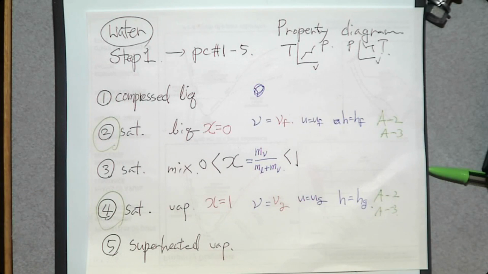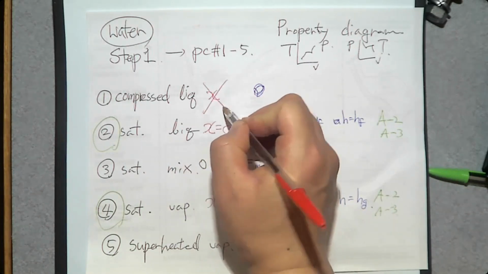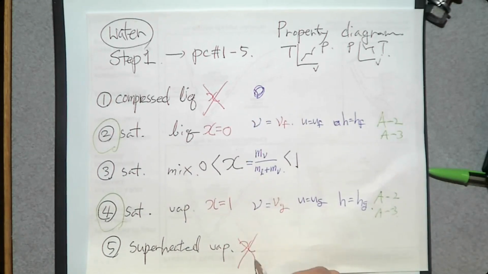This quality x is the ratio between saturated liquid and saturated vapor. So if you have compressed liquid, what is the quality x? There's no quality x. What about a superheated vapor? There is no quality x.